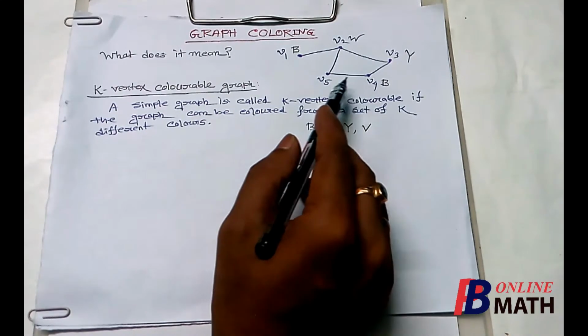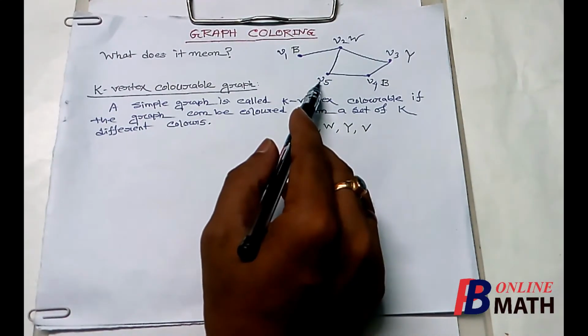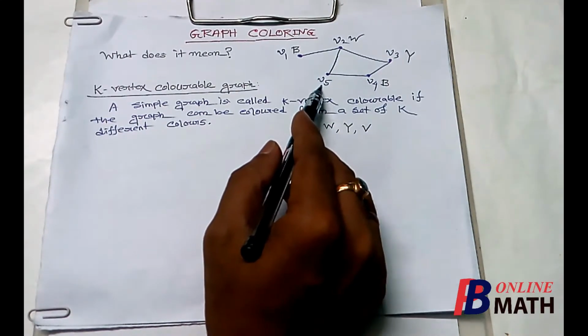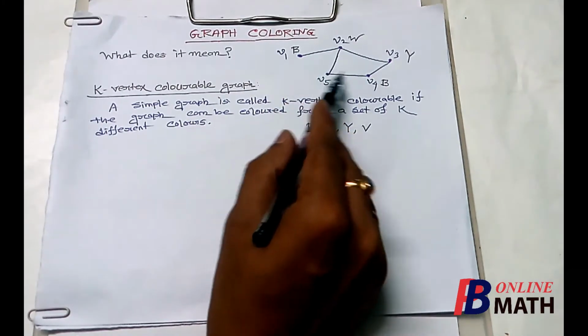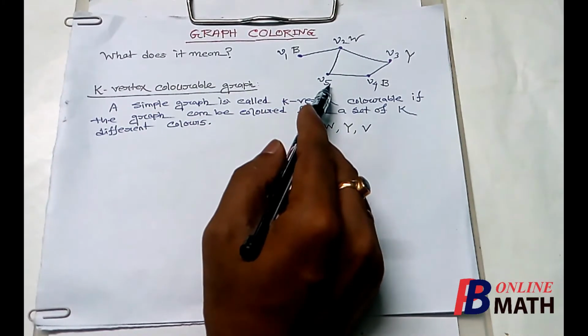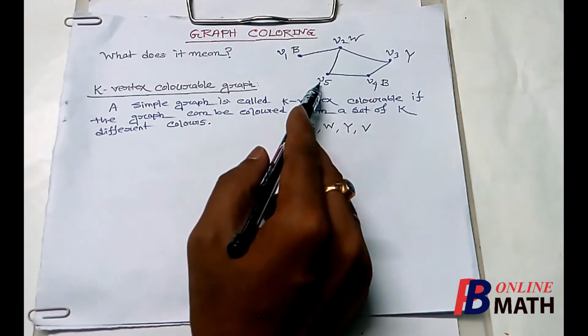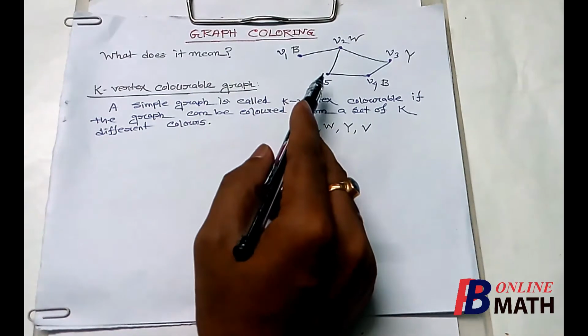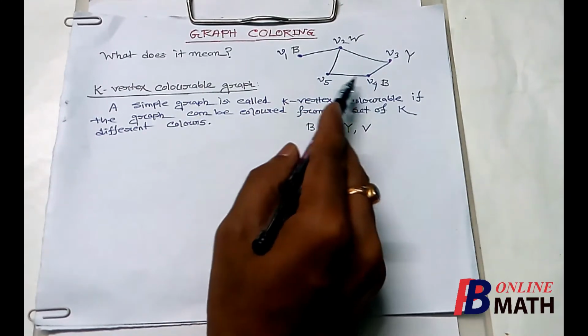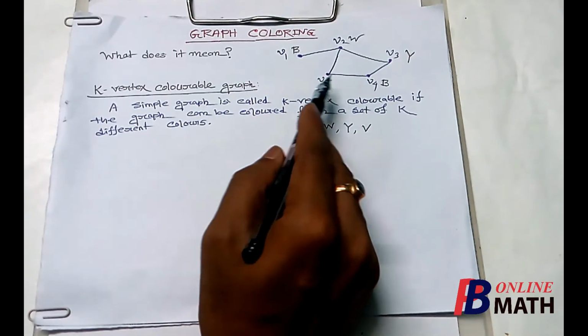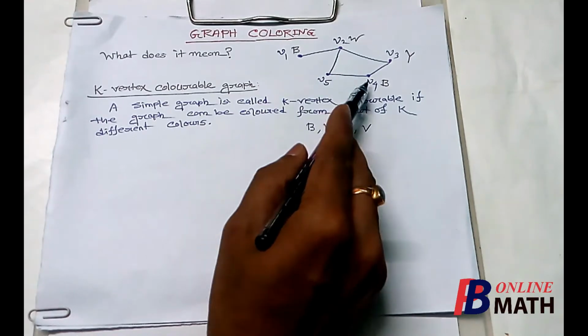Now we consider the last vertex V5. Here we find that V5 is adjacent to V2 and V4. So we can't assign the color white to V5 because it is adjacent to V2, and we can't assign blue color to V5 because it is adjacent to V4.